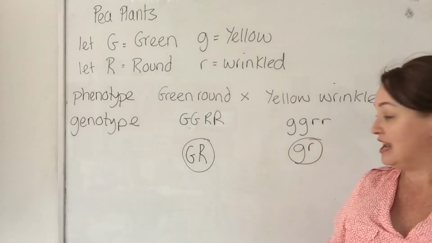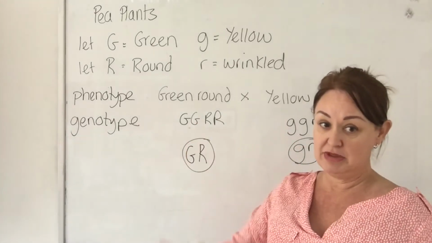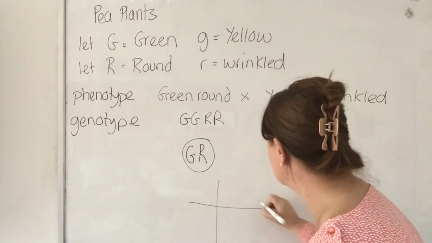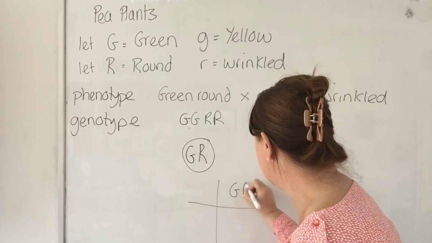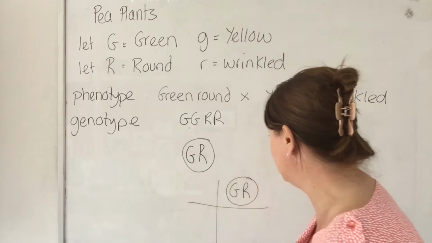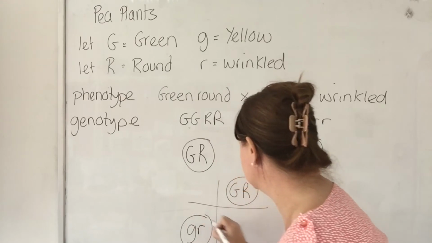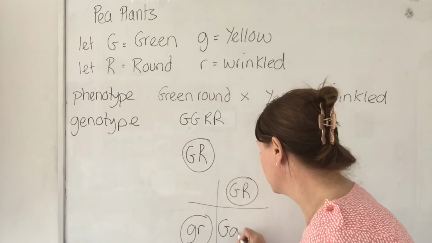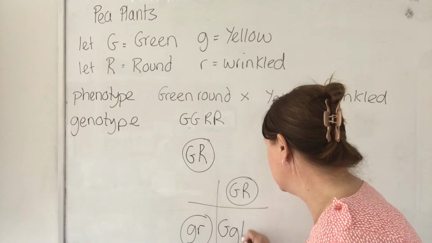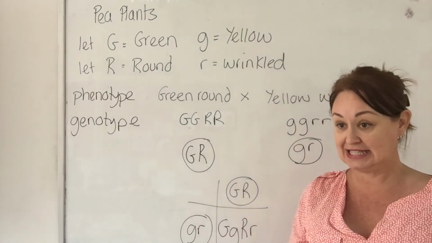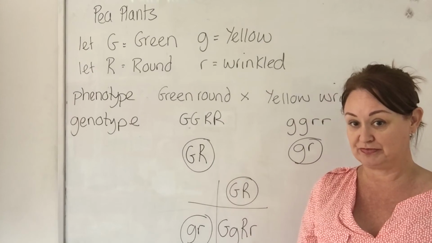Agreed? Now when I put those in a Punnett diagram, I don't need to go to any great lengths, because of course it's a very small diagram. There's my gamete there, there's my gamete there, and so the only offspring are going to have the same phenotype and the same genotype.